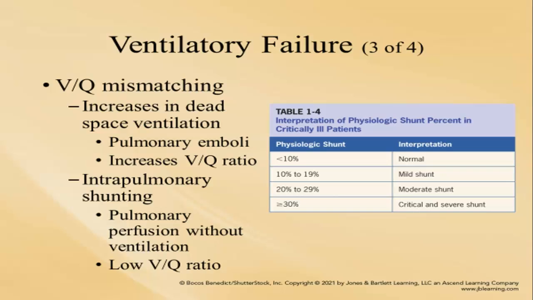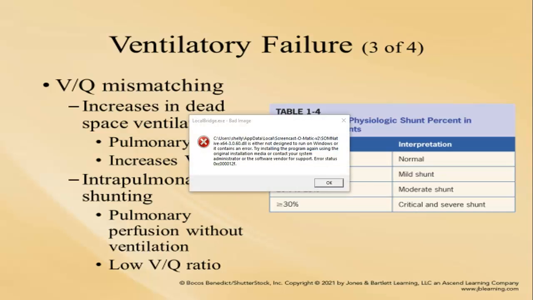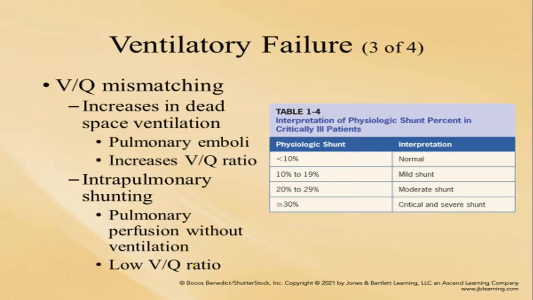Because it's blocking the blood flow going to the alveoli. So we have ventilation again in the alveoli, but no flow. So that's an example of a VQ mismatch where there is ventilation, but there isn't perfusion.